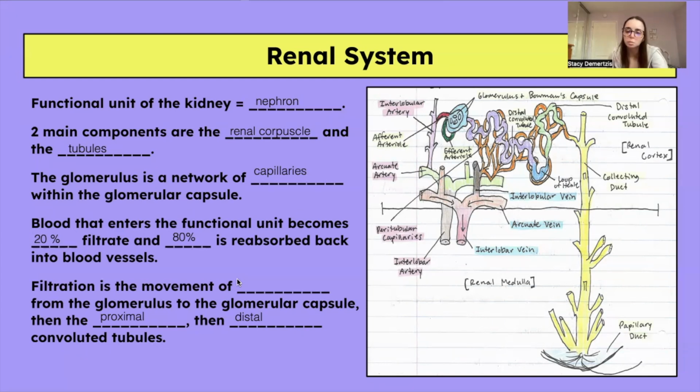Fluid, yeah, could be. Let's think about what else. What are we trying to filter out? Moving to waste. I see where you guys are going with this.